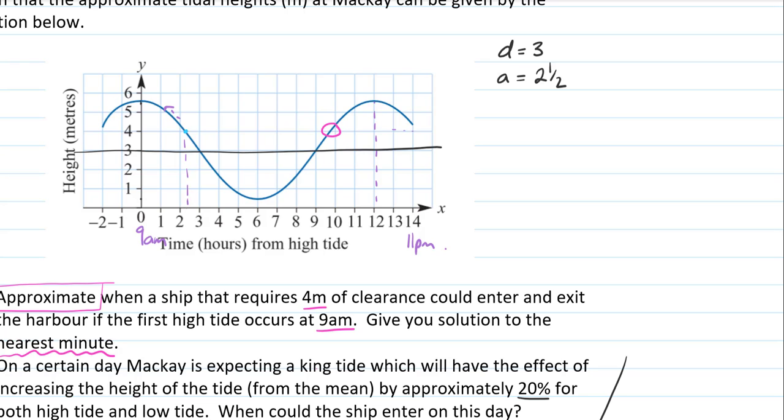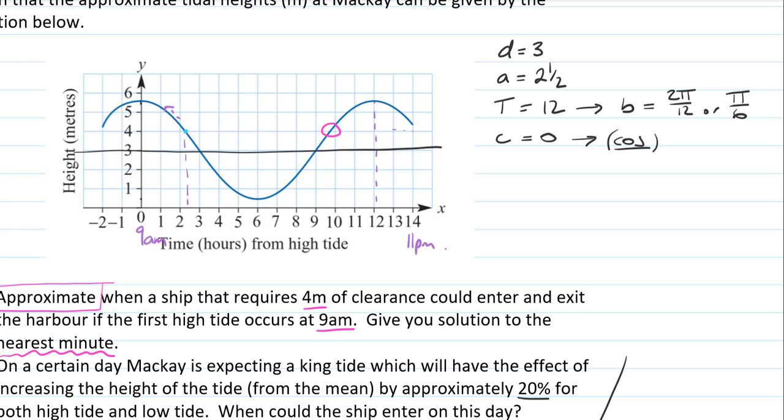Now I've got peak to peak is 0 to 12. So I've got a period of 12, which means that I've got a B value of 2 pi over 12 or pi on 6. And then I've also got my C value, which is 0 if I use a cos function.